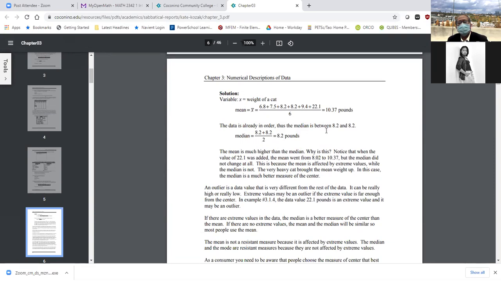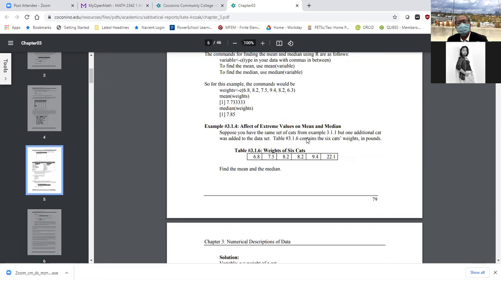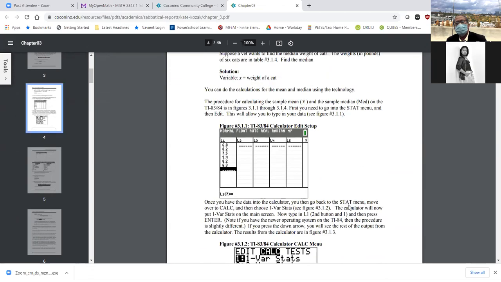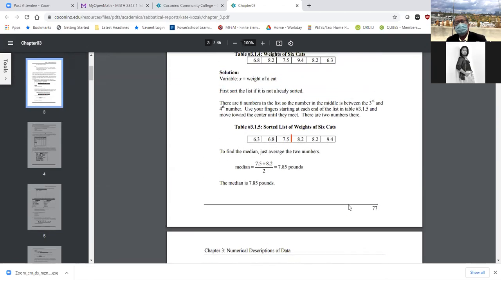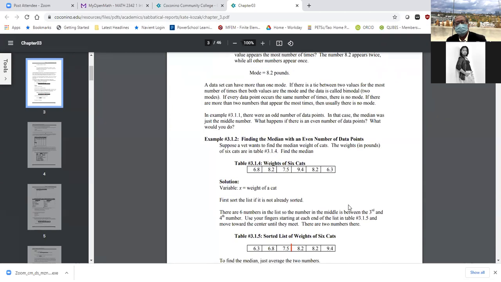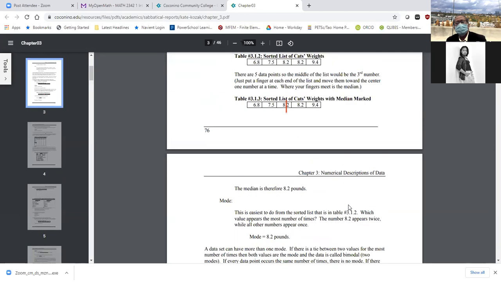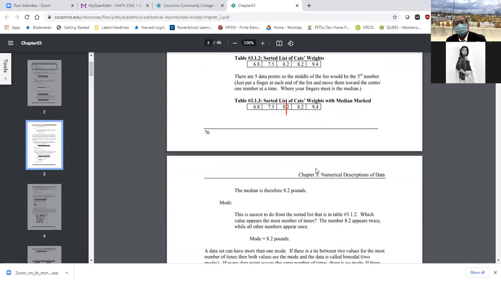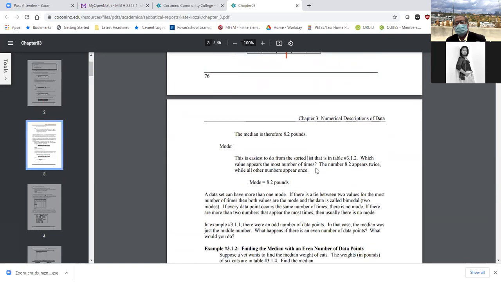You can find the median by taking the two values in the middle and dividing by 2. But this one is the example I showed you with the extreme value. In this case, the extreme value is 22.1. Before, the average was around 7 or around 8, and the mode is also around 8.